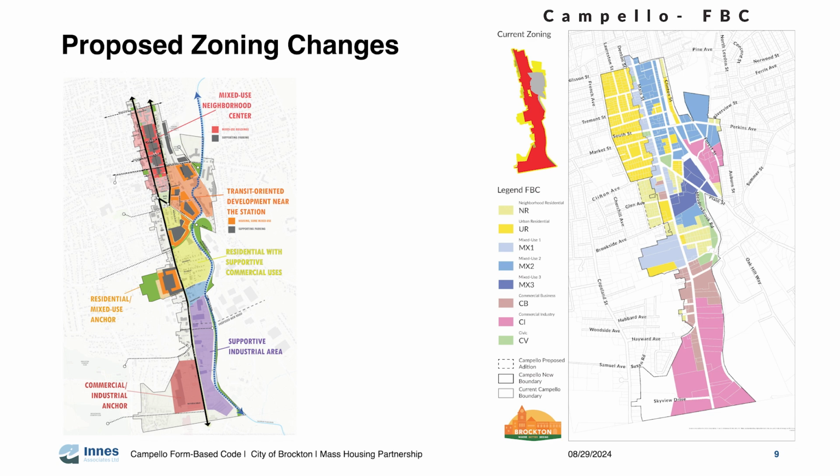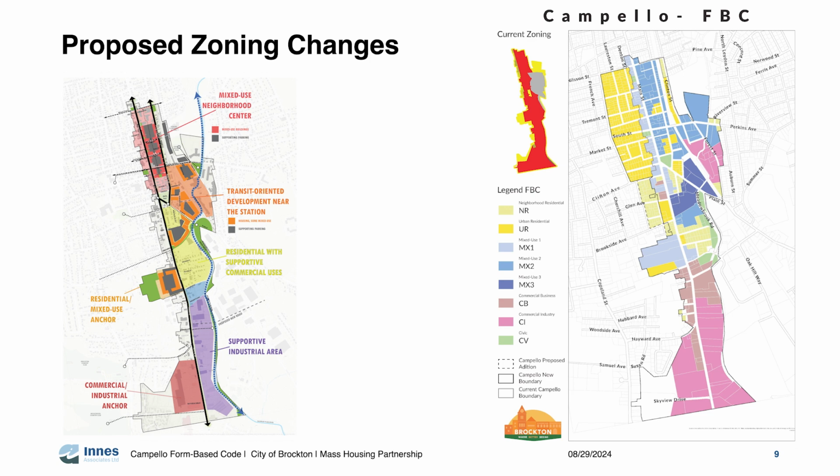We talked about a transit-oriented development near the station that could be higher density, more housing, some mixed uses, some public amenities. We talked about keeping the existing neighborhoods, the existing residential here, with maybe some supporting commercial uses on the main street, but trying to keep those historic buildings the way they were.